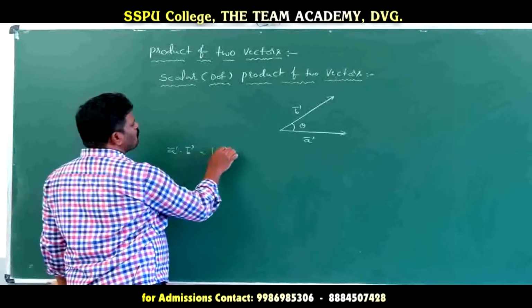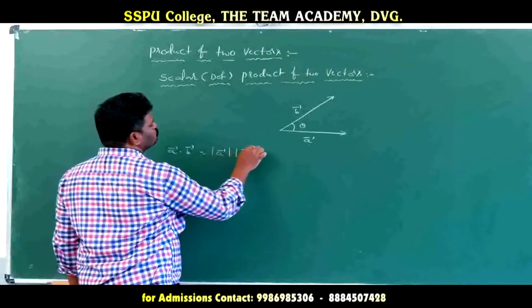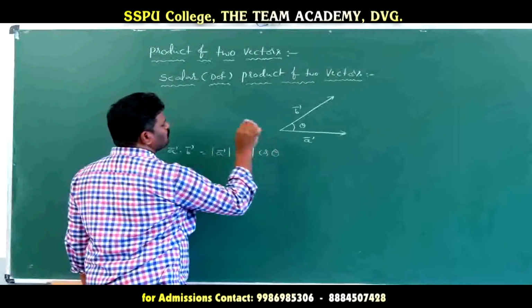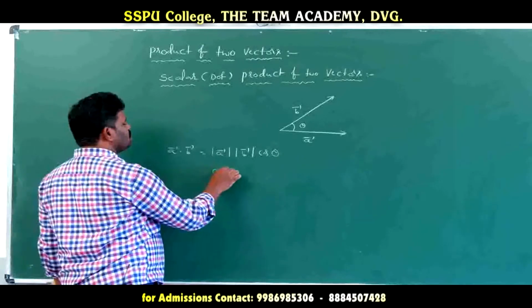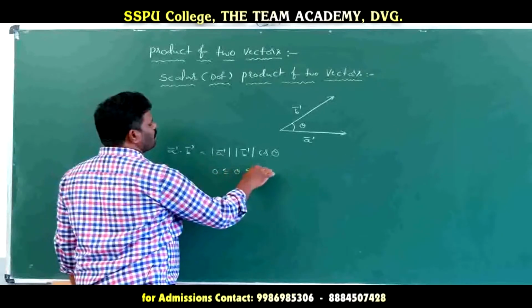Magnitude of A bar into magnitude of B bar into cos theta. Here is a condition: theta lies between 0 to pi.